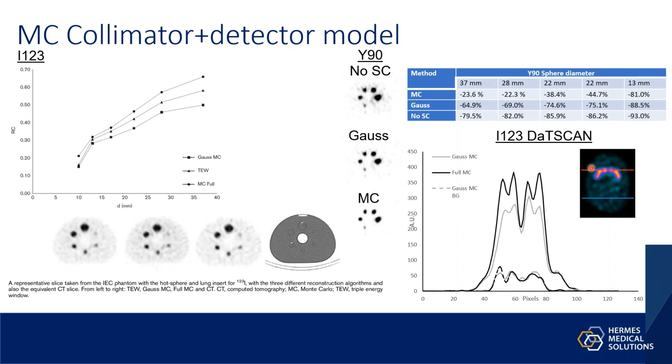And also, if you look at the DAT scan images, the profile through the striatum has much higher peaks and deeper valleys with the full model than with the Gaussian model, and that of course indicates that the contrast is better with the full model.